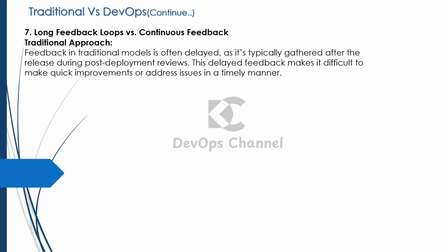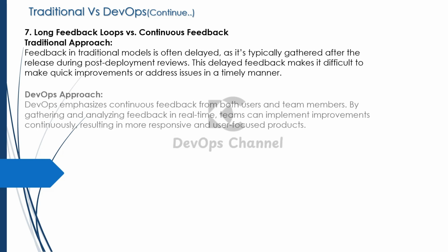The next one is longer feedback loop. Feedback in traditional models is often delayed. How is it delayed? It happens with the waterfall model: once the whole product is deployed, then we have feedback, after all the code is created, built and tested.